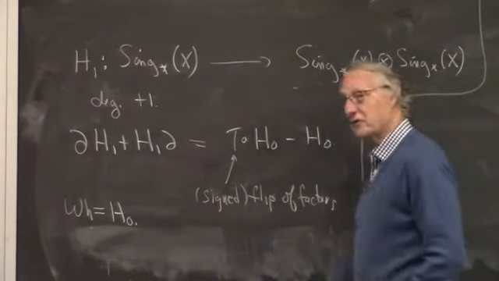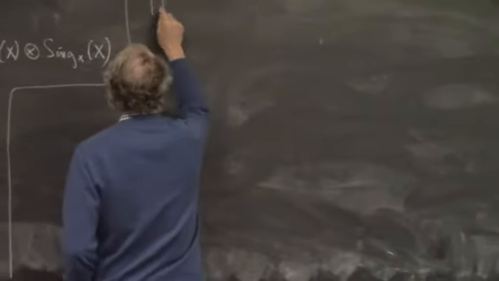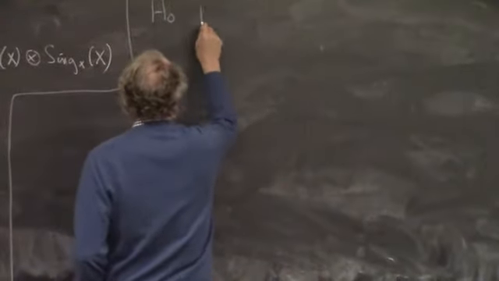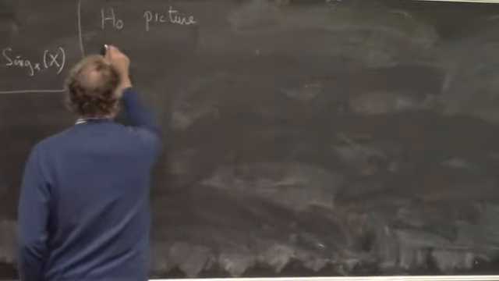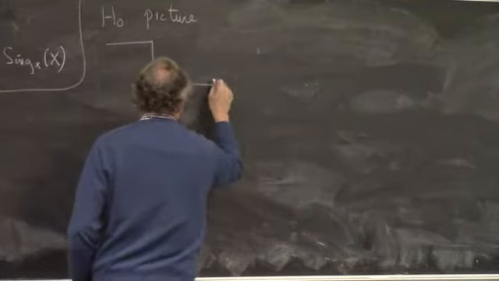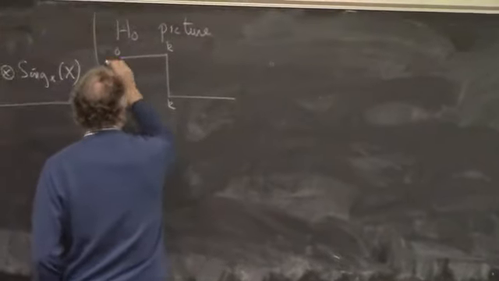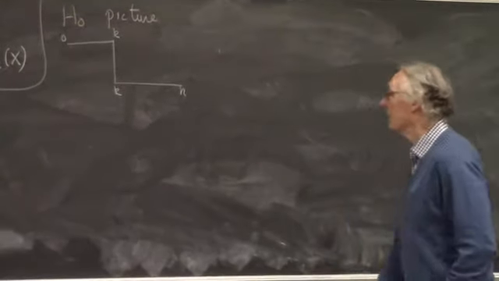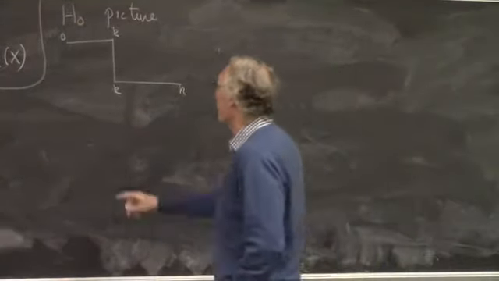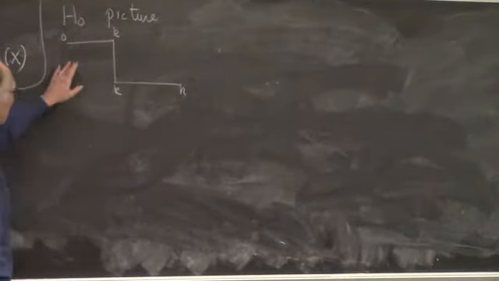Okay. So I'm going to give you the formula by giving you pictures. So the picture for H naught, or Whitney, is this. And so associated to an n-simplex, you look at all pictures like this, where k is free to run from 0 to n.